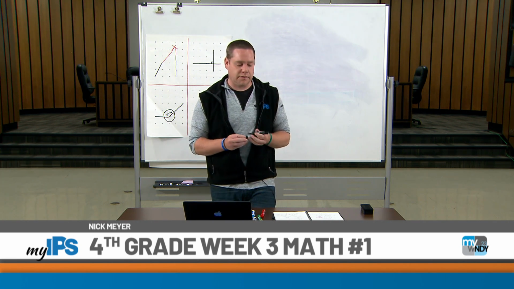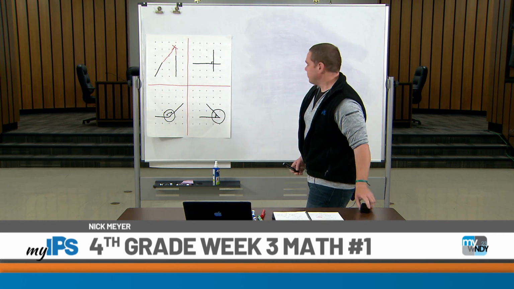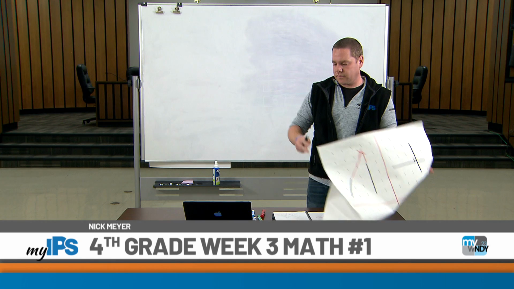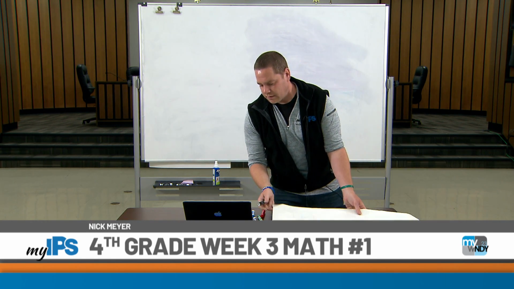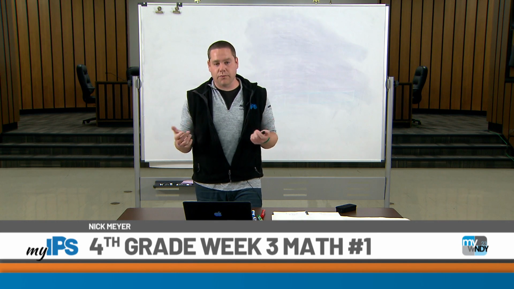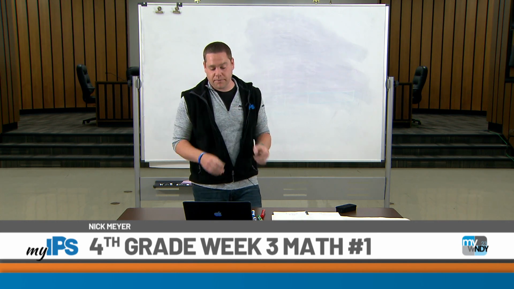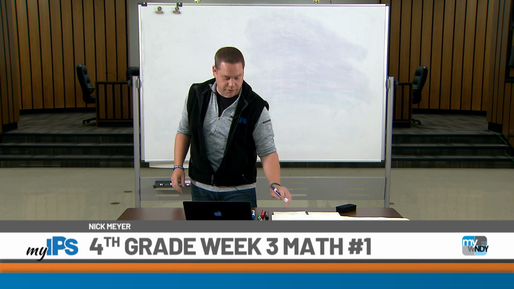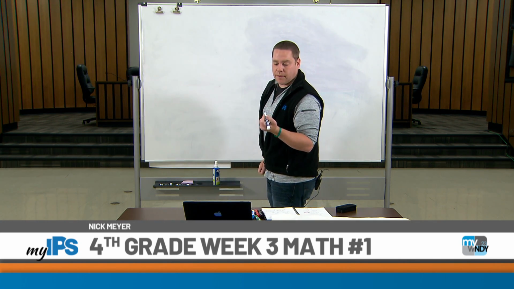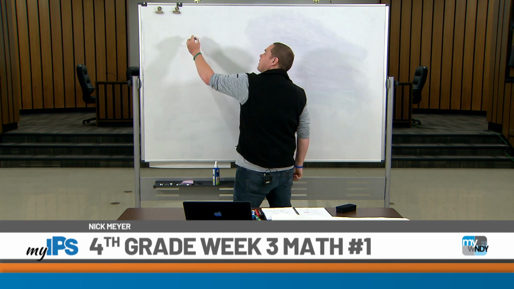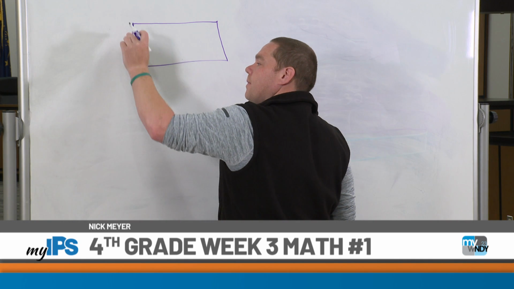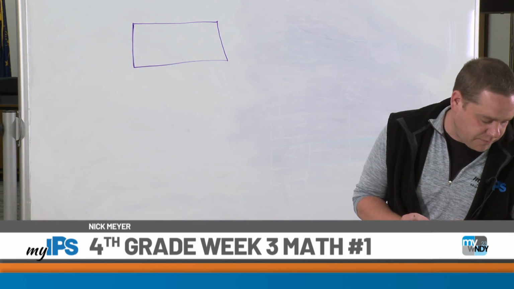Let's move on to number 2. Number 2 asks which expression shows one way to find the perimeter of a rectangle. I'm going to choose a different rectangle, and we're going to see how many different expressions we can come up with to find the perimeter of this rectangle.